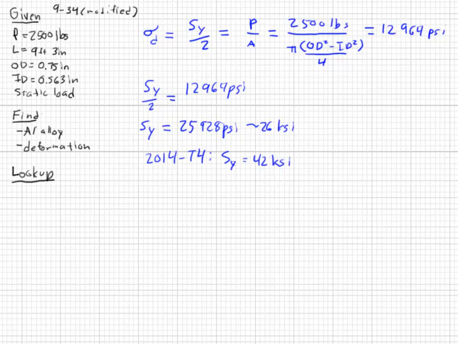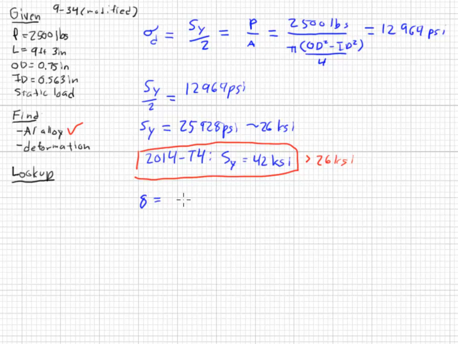So far, we've found an alloy, and I've got a reason why. 42 is greater than 26 KSI, which is our minimum yield strength. Now, next we need to find the deformation.